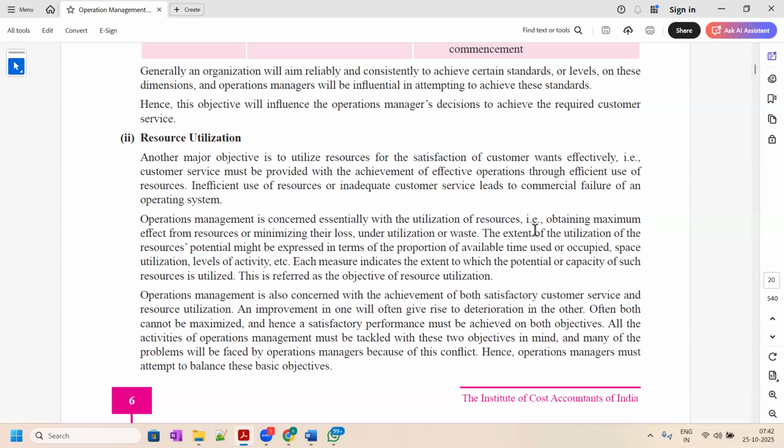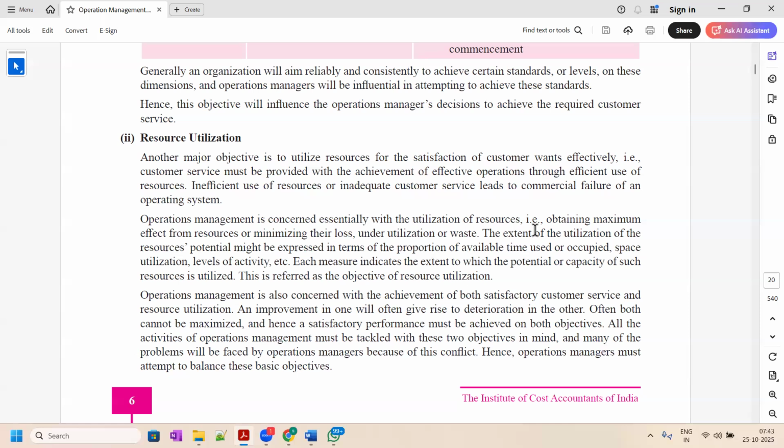So here we are considering these parameters. When we talk about customer service, the next thing we are talking about is resource utilization. Resource utilization basically means using all available resources efficiently. When you are engaging in the activity of converting the raw material into finished goods, we will definitely need a lot of resources like time, labor, machines, and material.